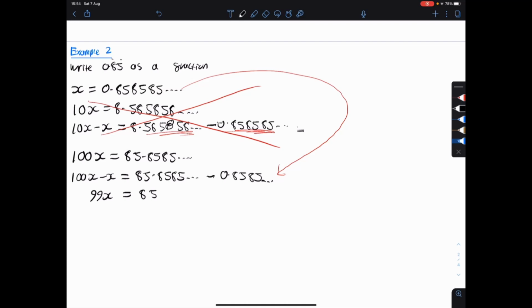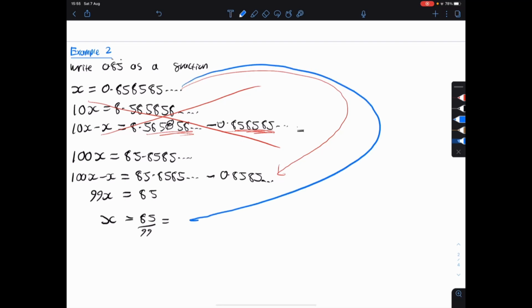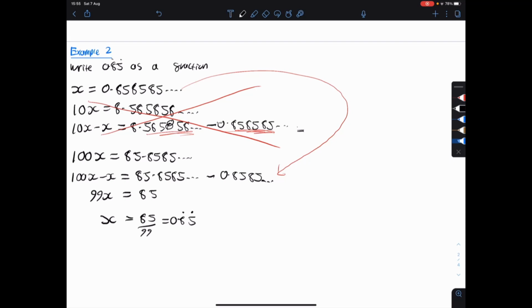Now all we need to do is solve for x, so divide both sides by 99, we're going to get x equals 85 over 99, which from our question here is just equal to 0.85 reoccurring. So we've written our reoccurring decimal as a fraction, which is 85 over 99.